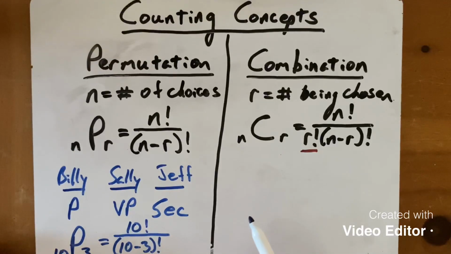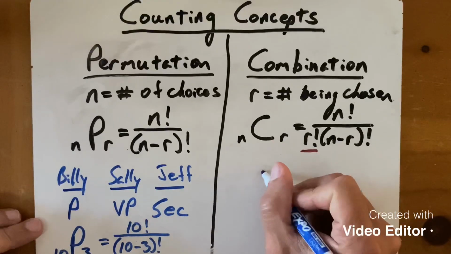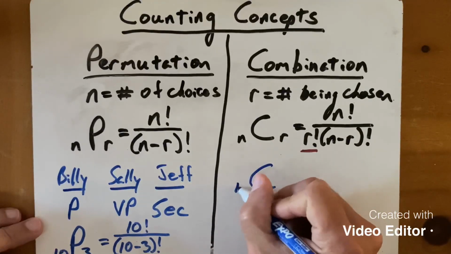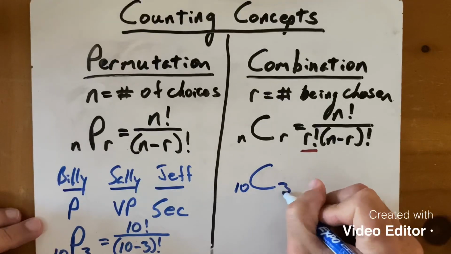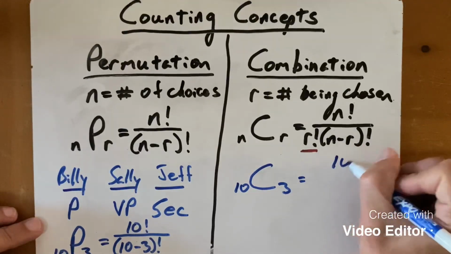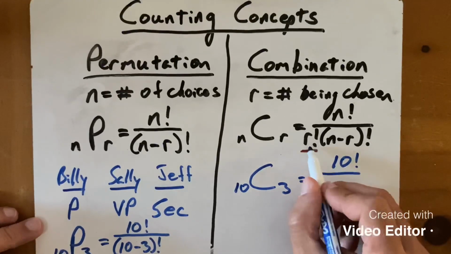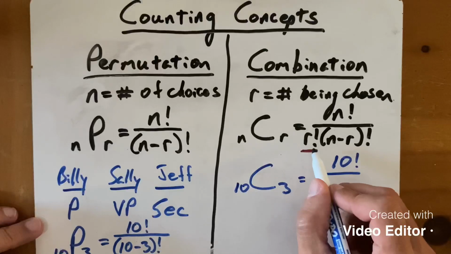For a combination, it's going to be the same thing. I'm going to do 10C3 this time. Let's go ahead and plug those values in. So I've got 10 factorial divided by, now don't forget this additional R factorial on the outside.